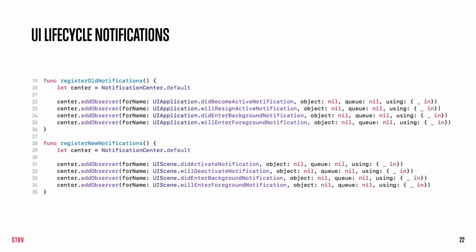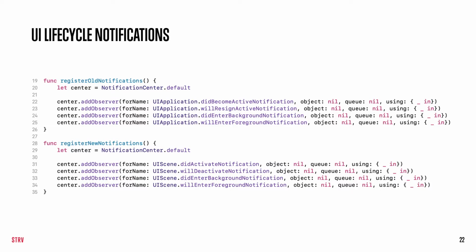A more serious thing is that a few notifications were renamed. So I guess that in a lot of your view controllers, you observe these notifications, like application did become active, to update your UI once your app goes to the foreground.